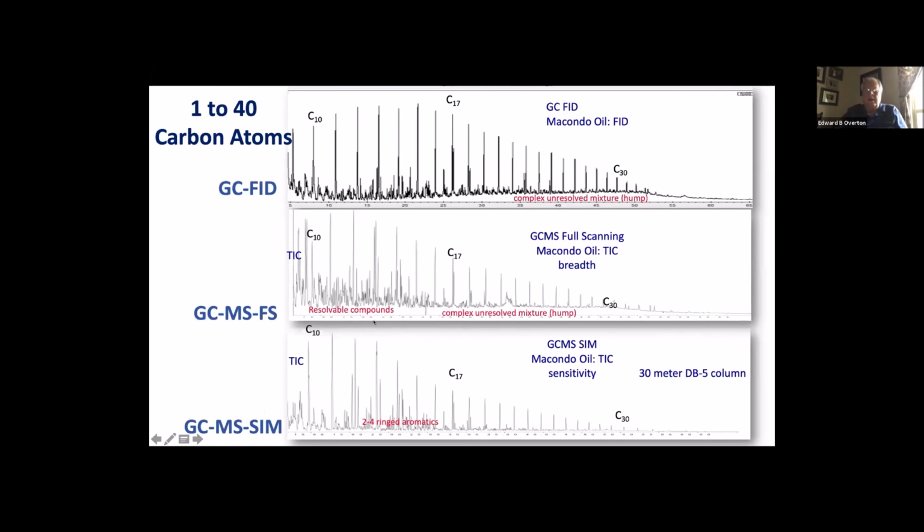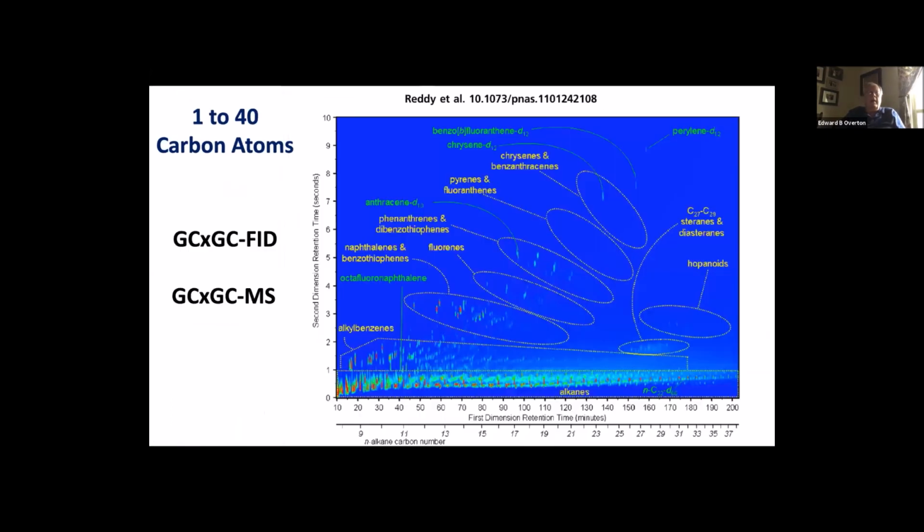Now, there are a variety of ways that we can measure the compounds. Here is something called a gas chromatograph by gas chromatograph. We use two analytical columns before we feed it to a detector, and the detector can be a flame ionization detector or a mass spectrometer. And what we can do is this presents a composition of the oil to chemists.